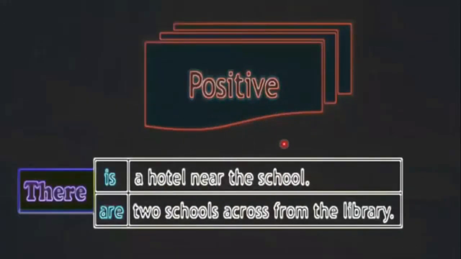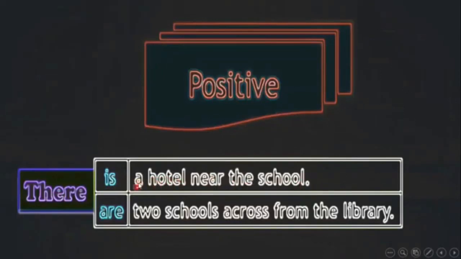Look here, my students. How can we make positive sentence, okay, with there is and there are. Look at this example. There is a hotel near the school. After there is here, look at this noun.